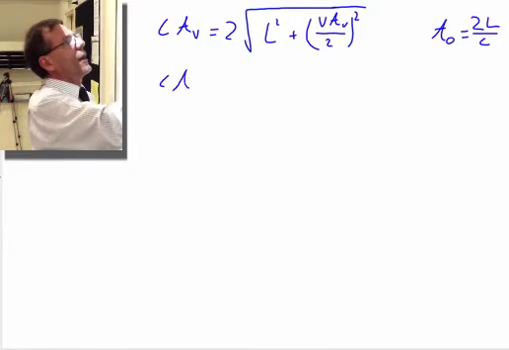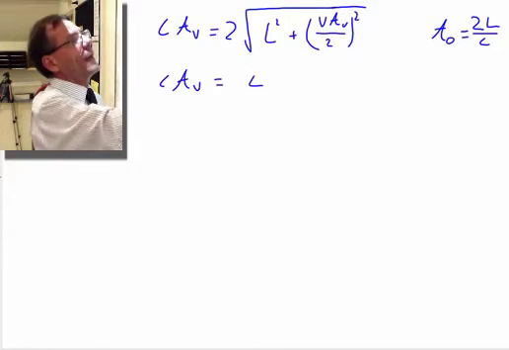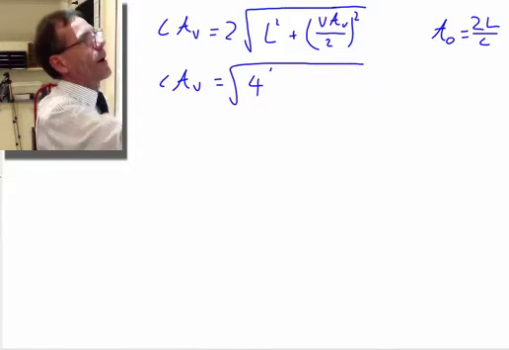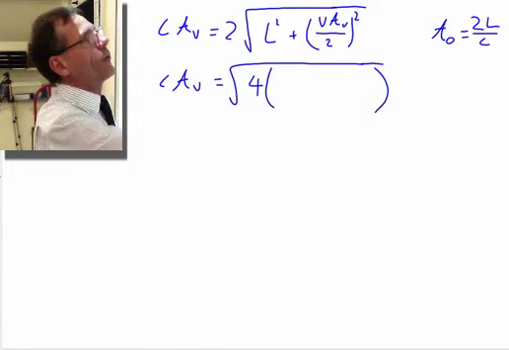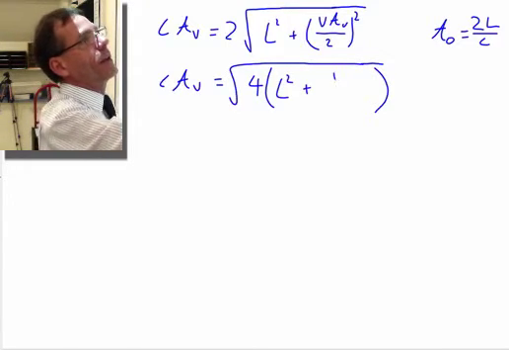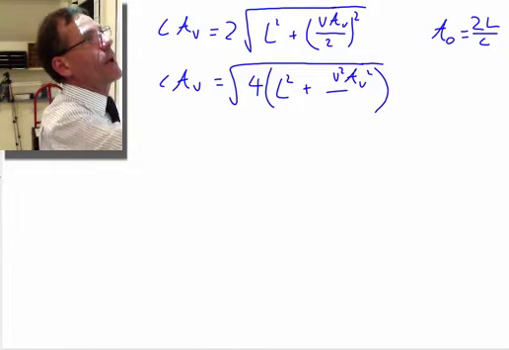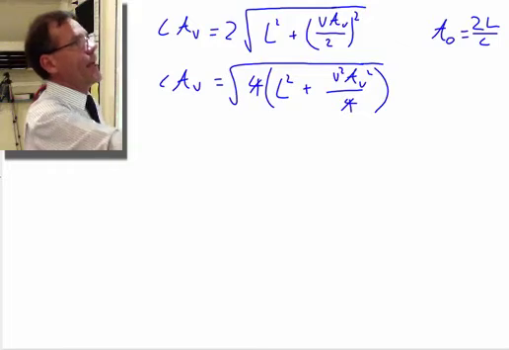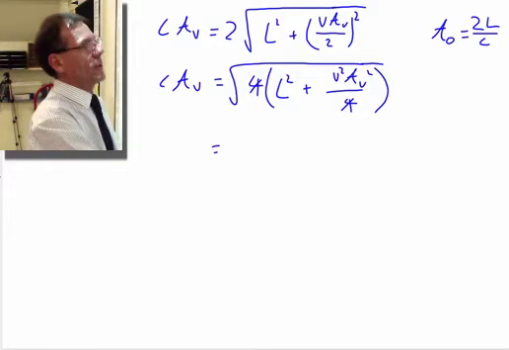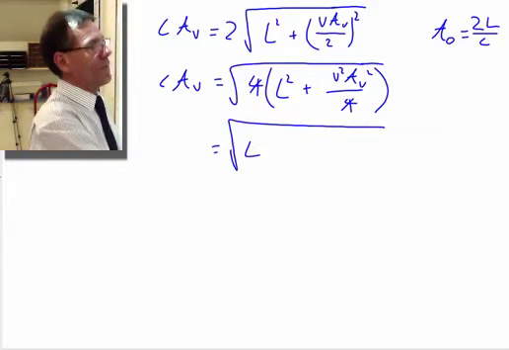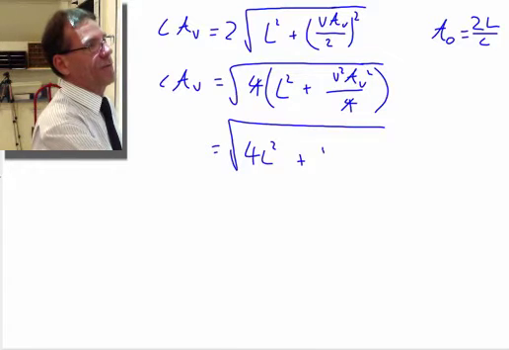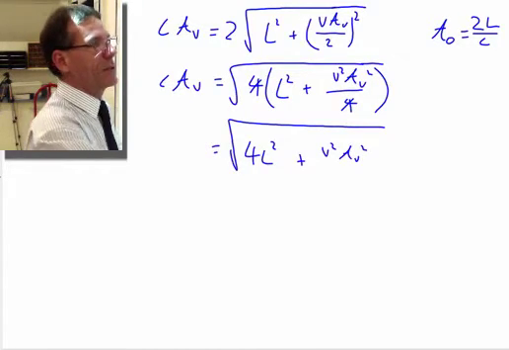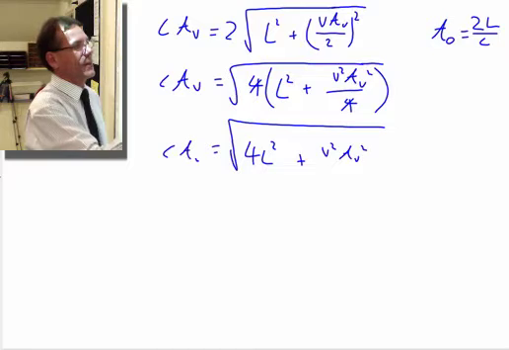Let's first of all take the 2 inside the square root bracket, which is going to make it 4, outside of L squared plus. Now let's just square this, TV squared on 4, and instantly you're going to see that that 4 cancels there. So that gives us the square root of 4L squared plus V squared TV squared, and this is CTV.